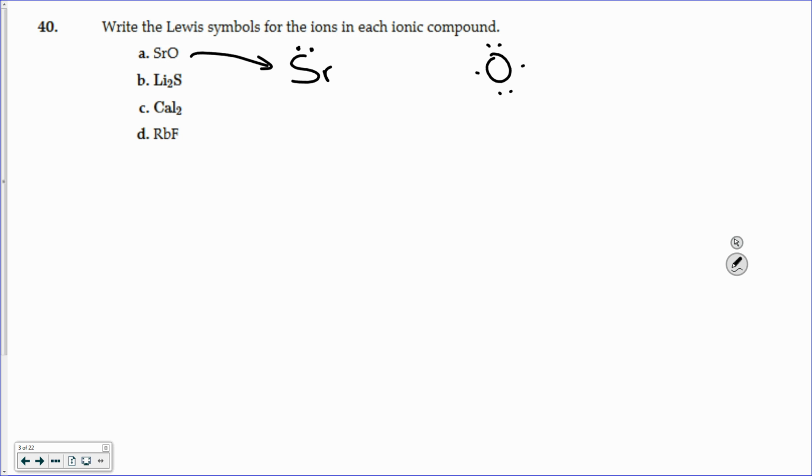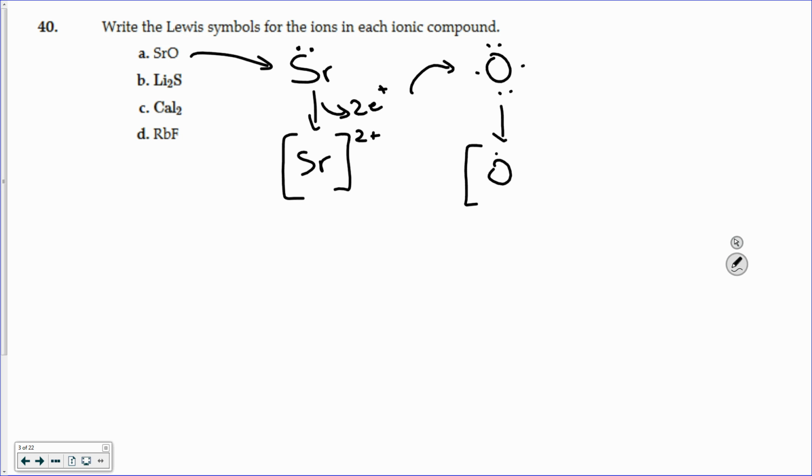So when it loses its 2 electrons off, so minus 2 electrons, it's strontium +2, and those 2 electrons end up going to oxygen, and when it picks up those 2 electrons, it has a full octet, -2. And all of those work the same way. You lose off the number of electrons so that both the metal and the non-metal have a full octet.